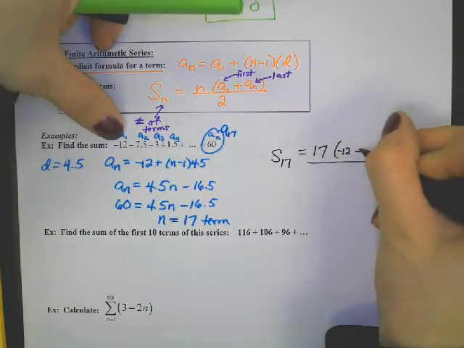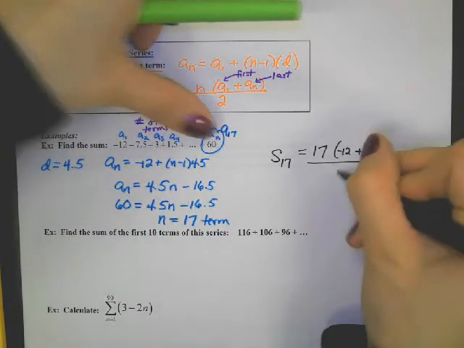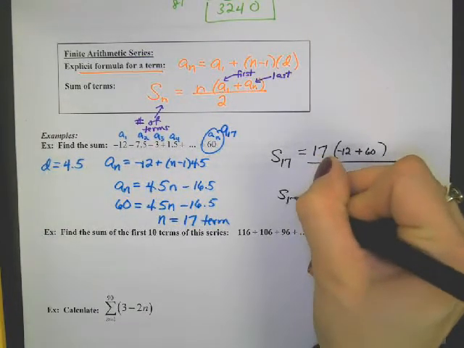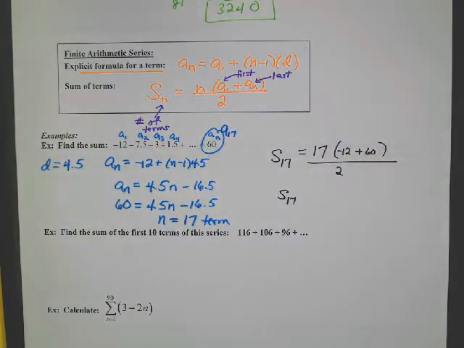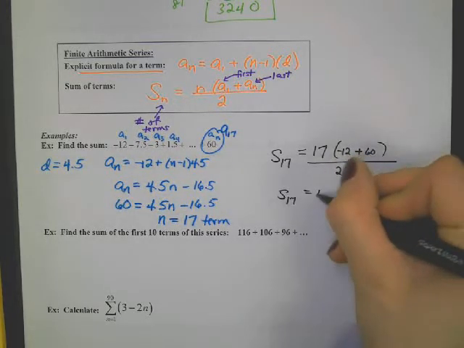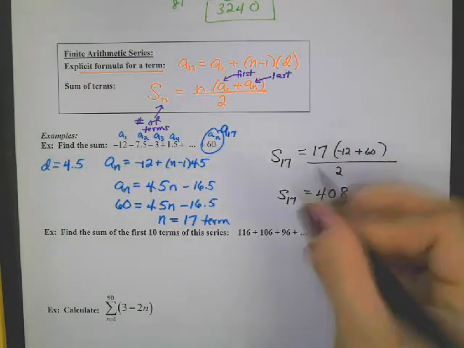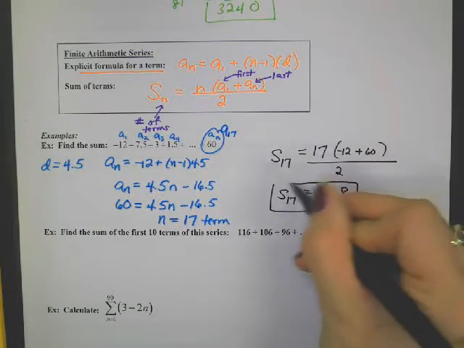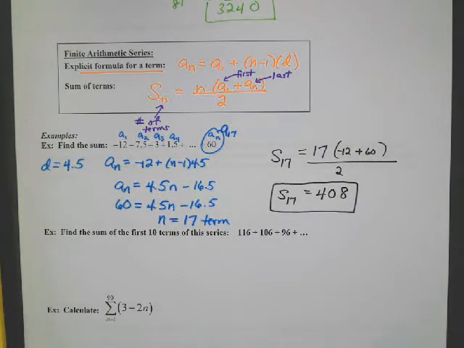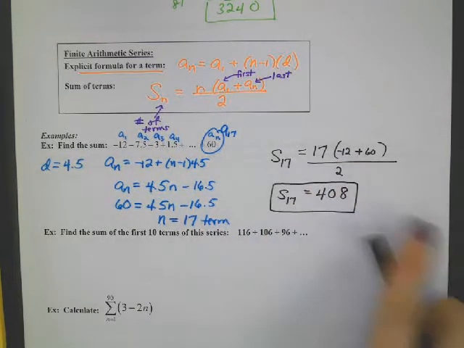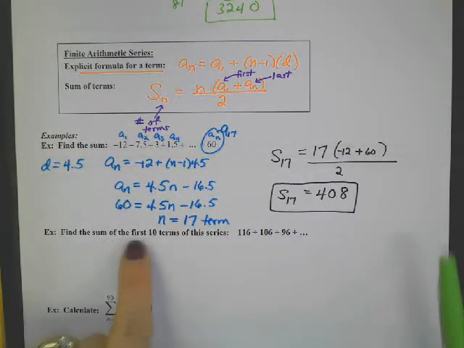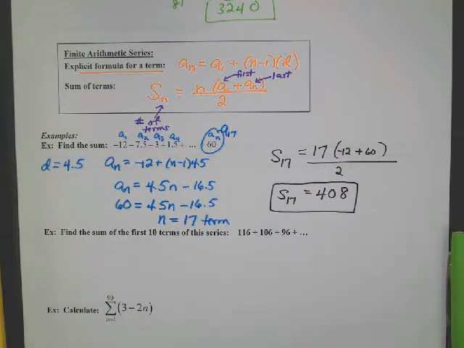Negative 12 plus 60 all over 2. So the sum of those 17 numbers is 408. Okay. You have to find out how many terms there are, and then you have to write that there and then use the formula.